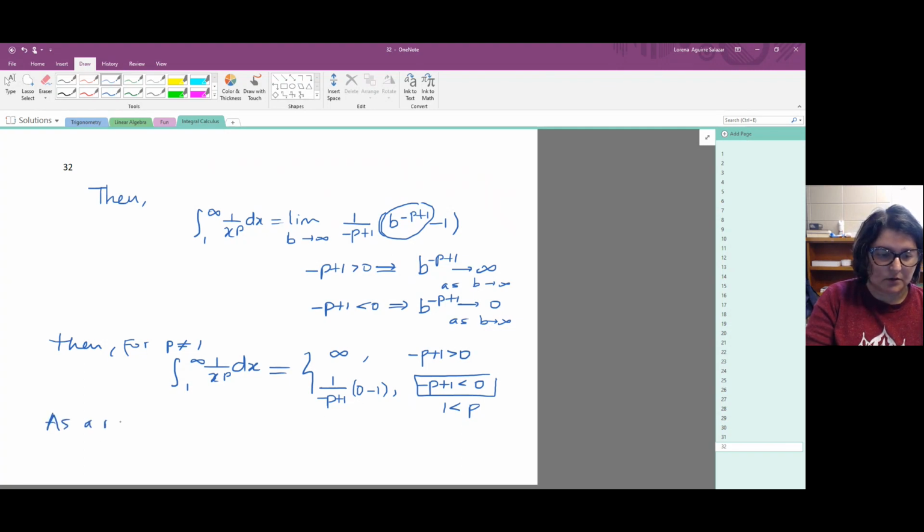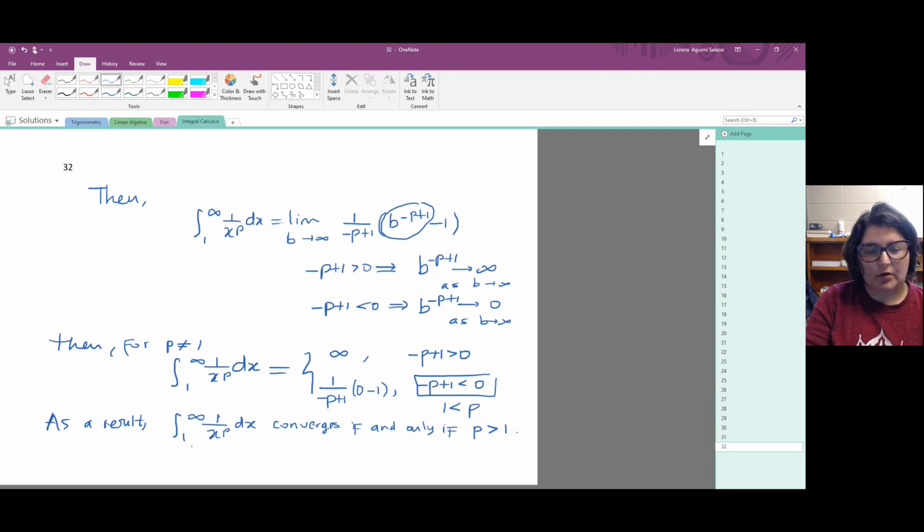So as a result, the integral from 1 to infinity of 1 over x to the p dx converges if and only if p is greater than 1. Notice that we checked p equals 1 separately, and we saw that the integral diverged for p equals 1.